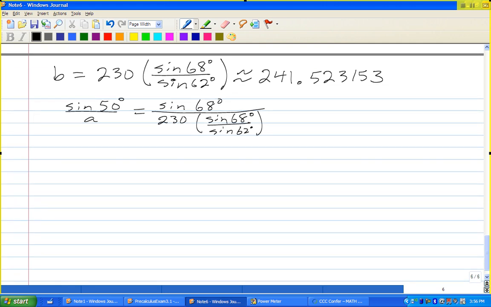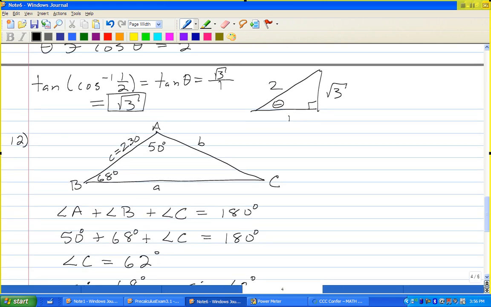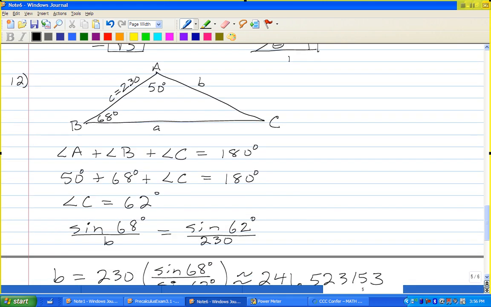And so sine of 50 degrees over A is equal to the sine of 62 degrees over 230. Oh, why didn't I do that? Why did I do B?